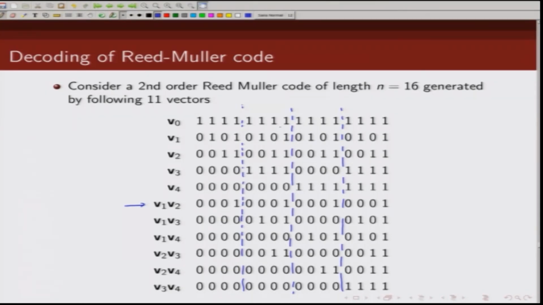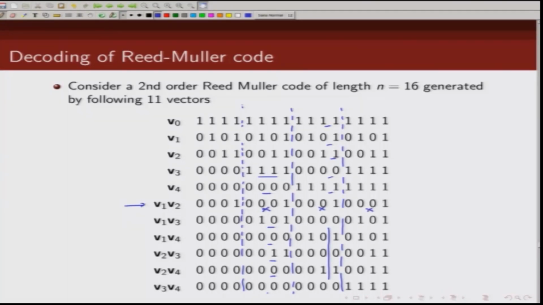You take any such 4, this is 0, 0, 0, this one is 0, this one is 0, this is not 0, again this row, this one is 0, 0, 0, 0. So, you take any such groups of 4, this one is 0, 0, 0, 0, 0, this is not 0 and these are all zeros.